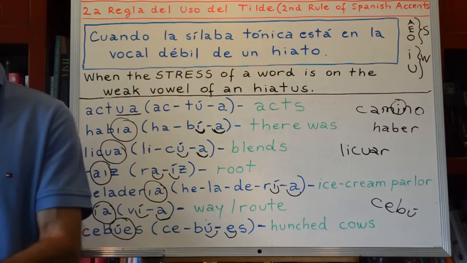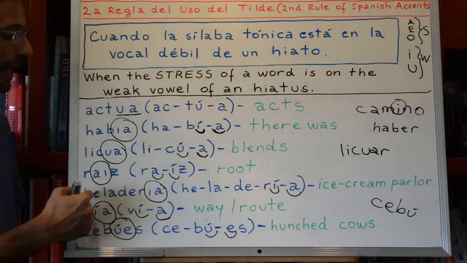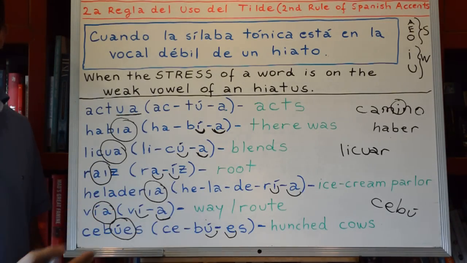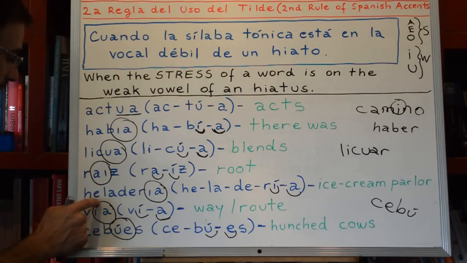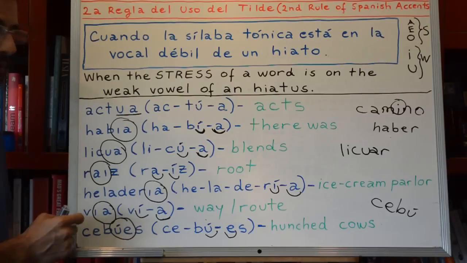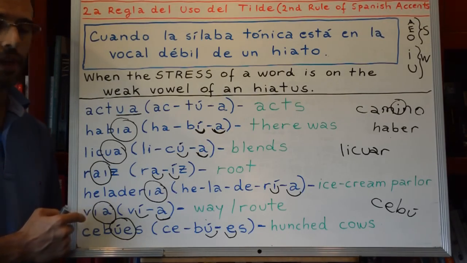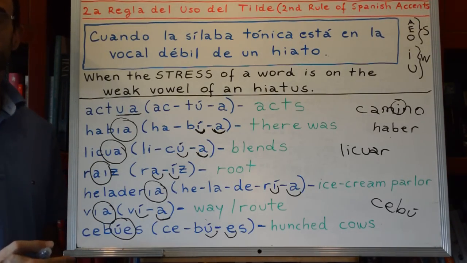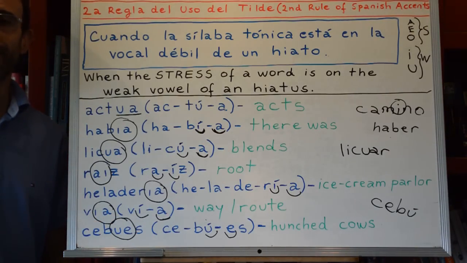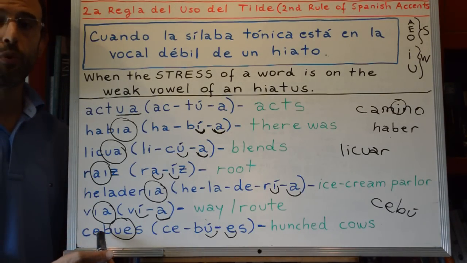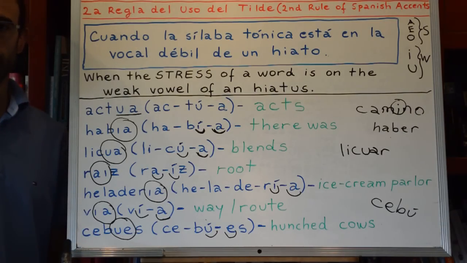Heladera means refrigerator, but heladeria means nothing. The word vía, if we omit the tilde, it reads via, which means nothing. And the word sebúes, if we omit the tilde, it reads sebues, which also means nothing.